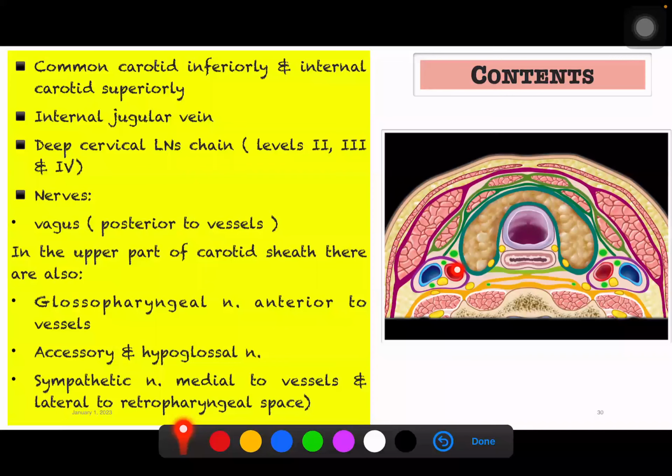It also contains the hypoglossal nerve and sympathetic nerves medial to the vessels and lateral to the retropharyngeal space. It also contains level 2, 3, and 4 deep cervical lymph nodes.